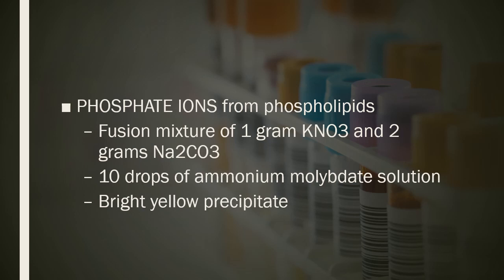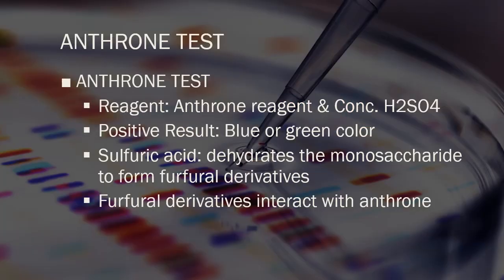Okay, moving on to your test for glycolipids. Your glycolipid is a combination of your lipid and your carbohydrate. With this, what you are testing here is your carbohydrate portion.